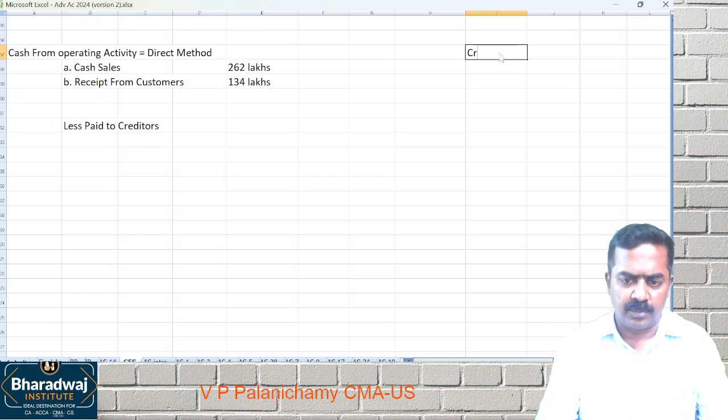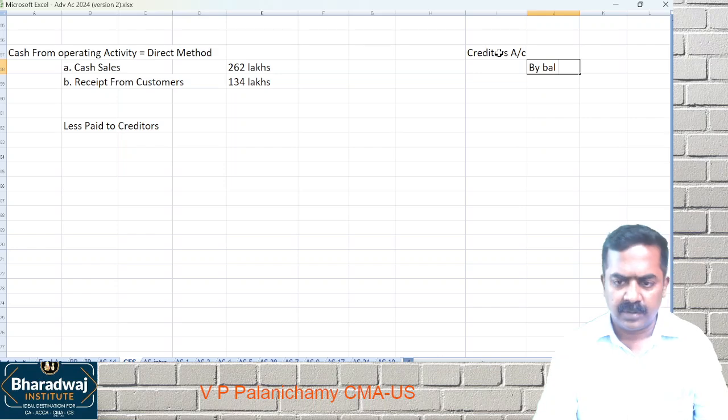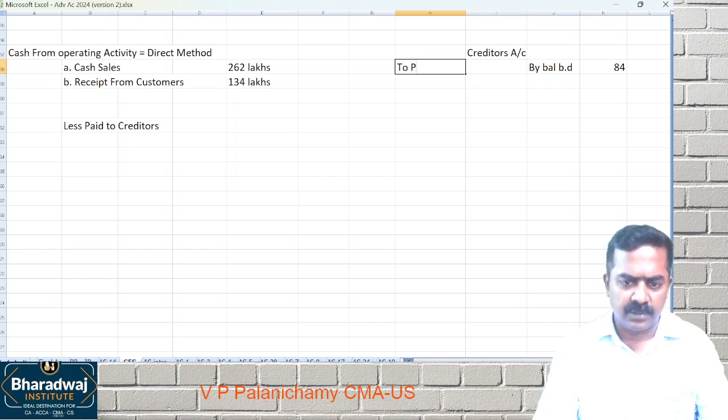Okay, let's put the creditors account and see. What is the opening balance? Balance brought down is 84 lakhs. Then credit purchases, how much? 220 lakhs into 80%.